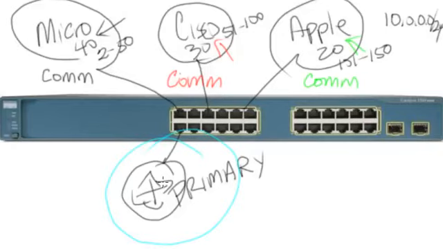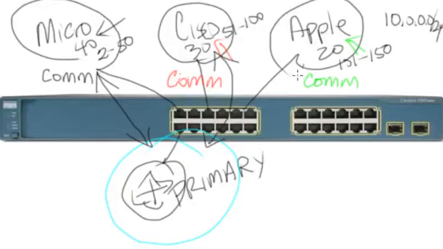This primary VLAN is going to have what's called a promiscuous port. And here's the deal. As far as communication goes, Microsoft can communicate within their VLAN as much as they want with each other, and they can communicate back and forth with the primary VLAN, specifically the promiscuous port. The Cisco community VLAN can also communicate with the primary VLAN. So they've got a door, if you will, a gateway to get out of their own local little space to the rest of the real world.